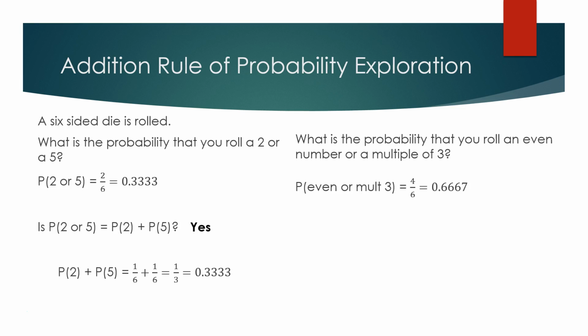So 2, 4, 6, and then multiples of 3, 3 and 6, and we've already counted that 6. So there's 4 ways out of 6 that we can get an even number or a multiple of 3. This reduces to 2/3, which, very careful, rounds to 0.6667.